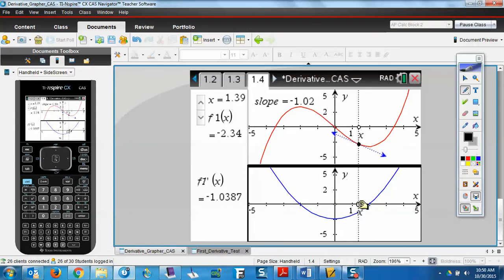So there's a couple things we got, right? If f prime is negative, f is decreasing. If f prime switches back to positive right here, it's above the x-axis, then f is increasing. Okay, so there's a couple things. Remember, what's our theme here? What does f prime tell us about f? There's a couple of things. All right, what else? What else is the blue graph doing right here?